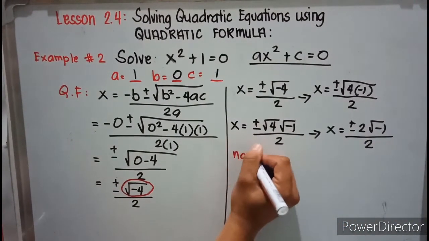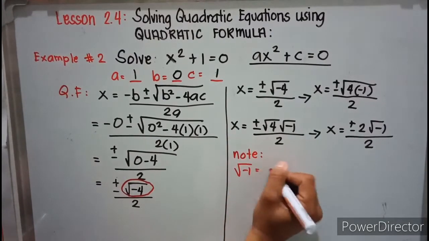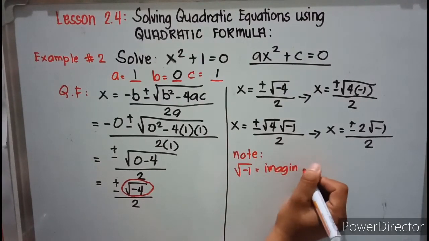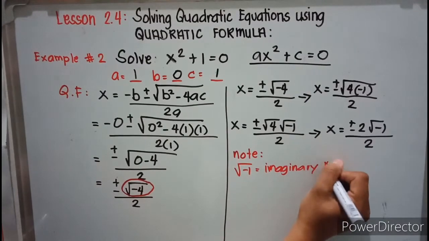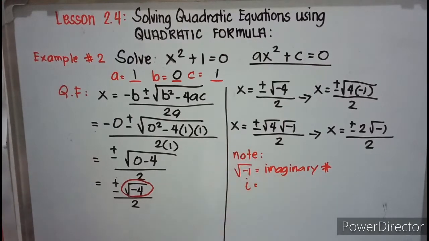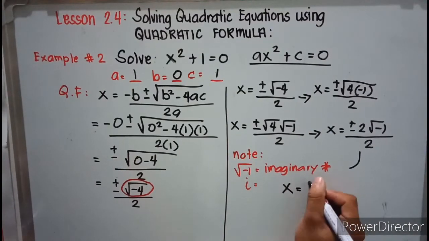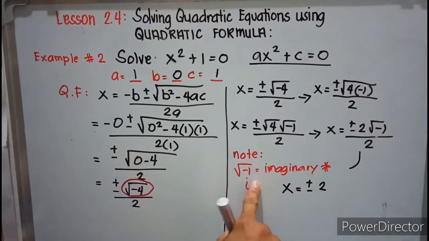so let's have a note. So square root of negative 1 is called imaginary number. So in symbol, that is an i. Okay, so from this, we'll have x is equal to plus or minus 2 square root of negative 1, that is equal to i.